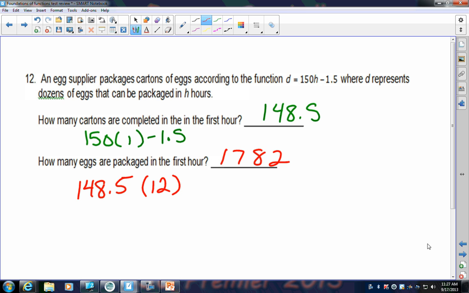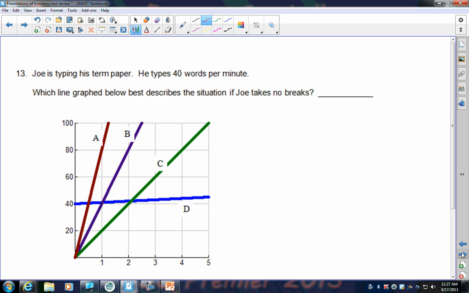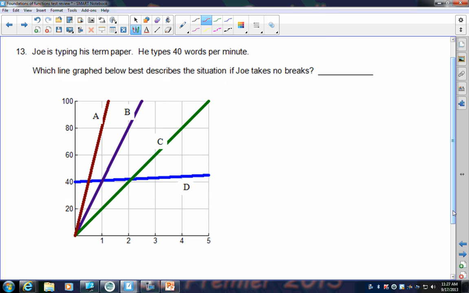Now on 13. On 13, it says Joe is typing his term paper. He types 40 words per minute. So that's 40 words in 1 minute. Which line graphed below best describes the situation if Joe takes no breaks?